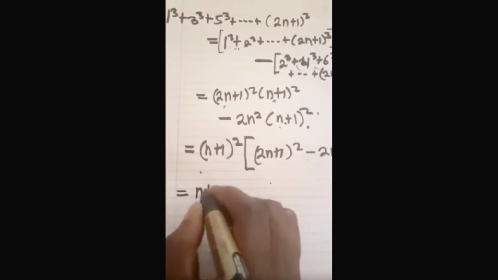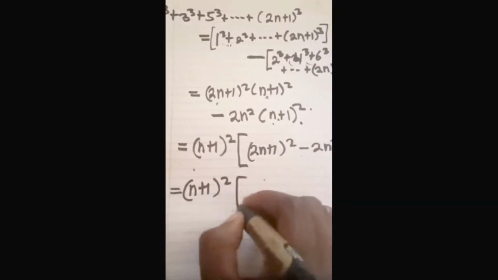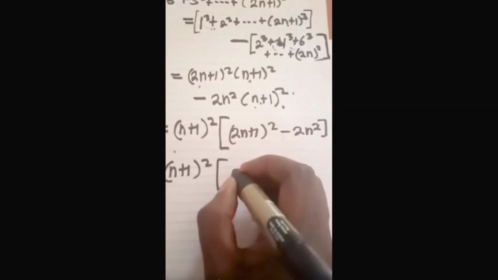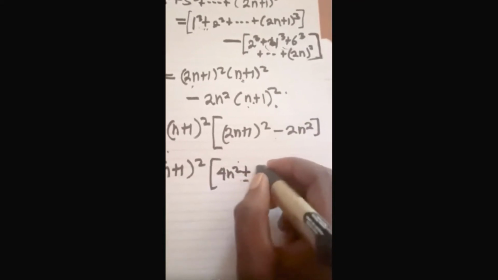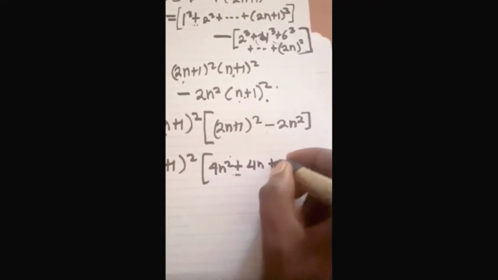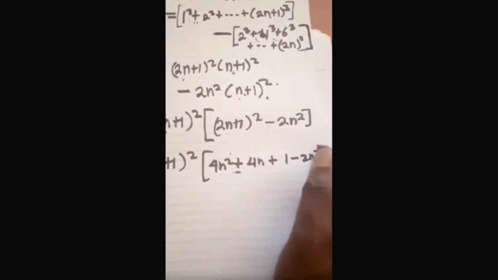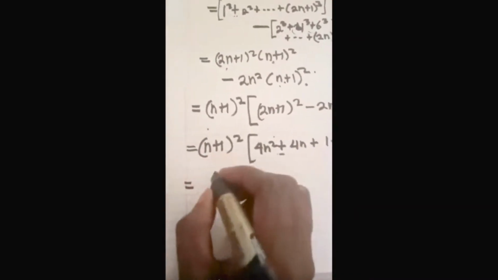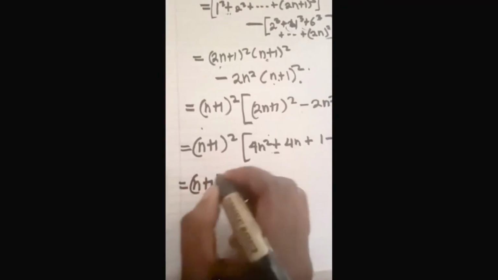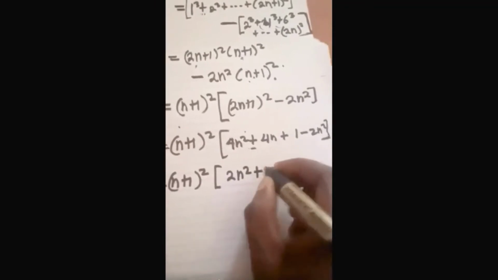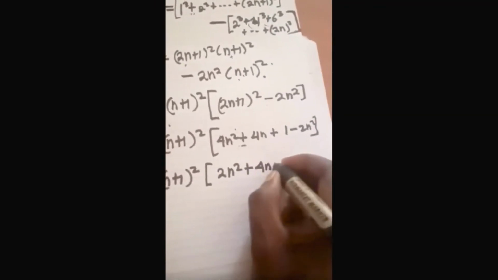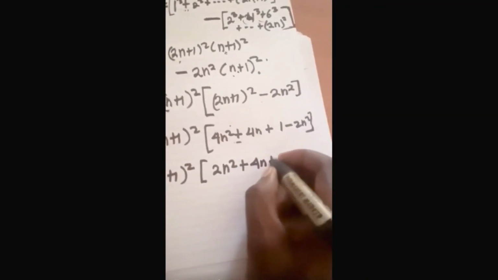This is n plus 1 squared into, when we expand here, I think we get something good, which is 4n squared plus 4n plus 1 minus 2n squared. So this is something good, which is n plus 1 squared into 2n squared plus 4n plus 1.